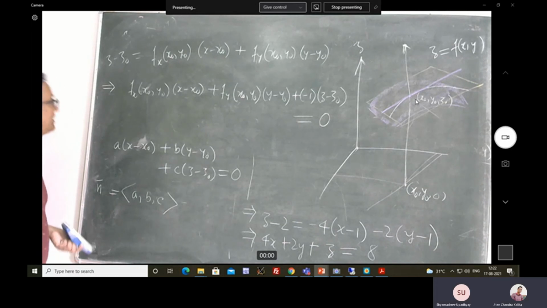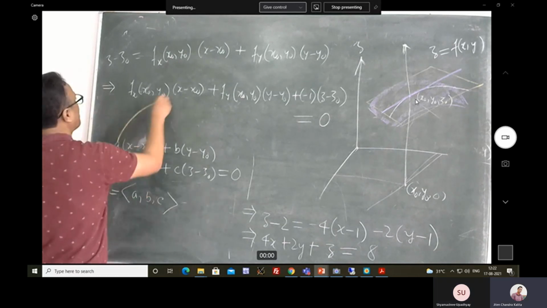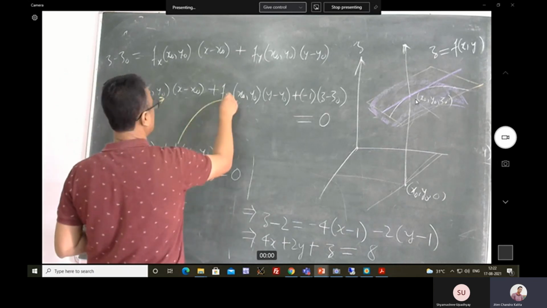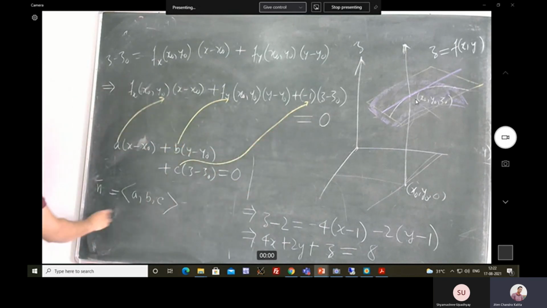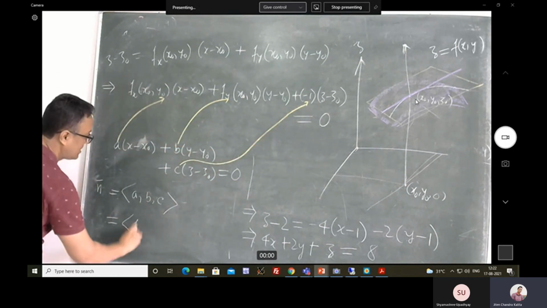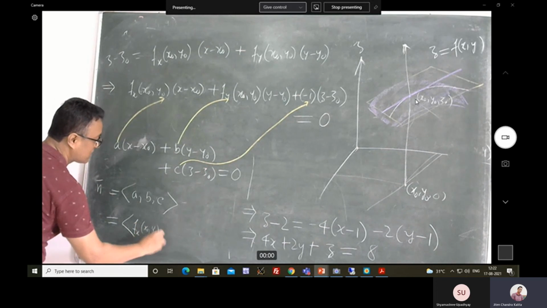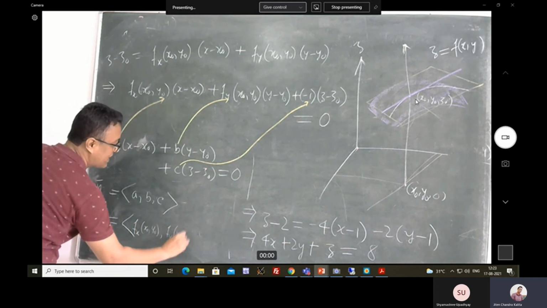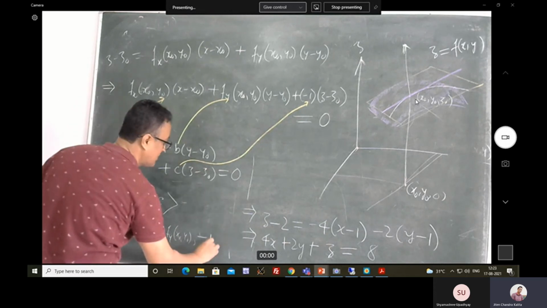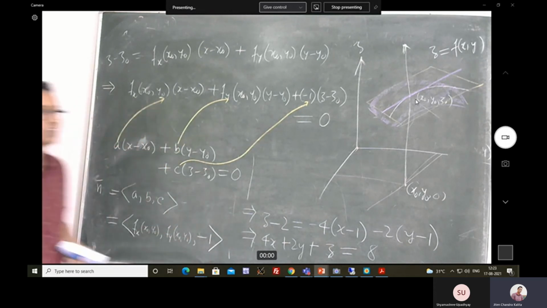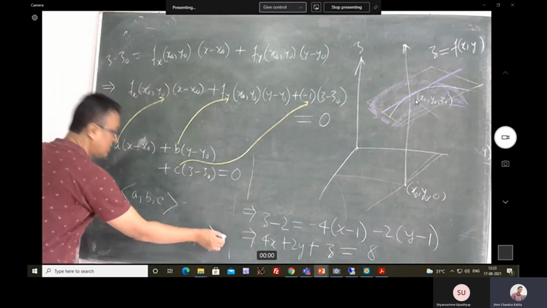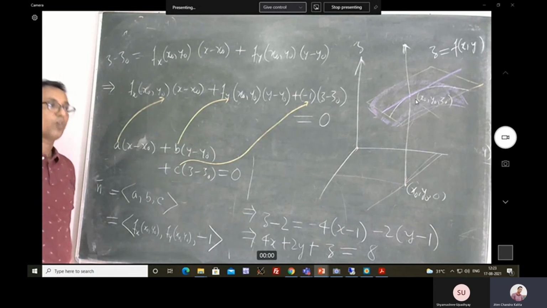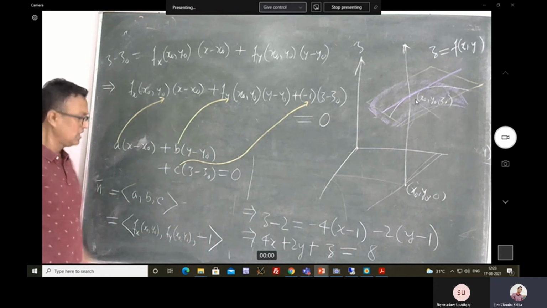So if you compare that to this equation, what it becomes is simply fx at (x0, y0), fy at (x0, y0), and minus 1. So this is the way you can also interpret the normal vector. This is going to give you the components of the normal vector.